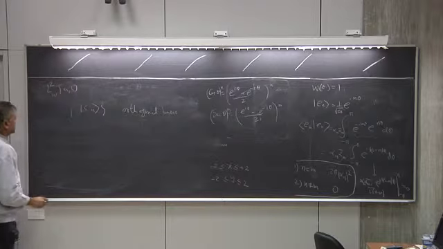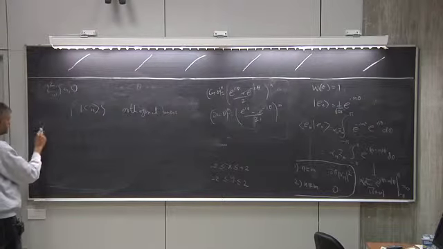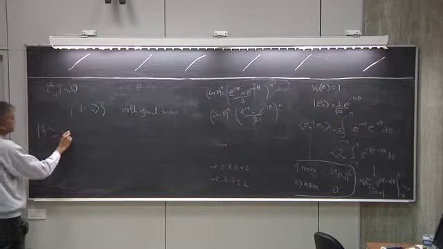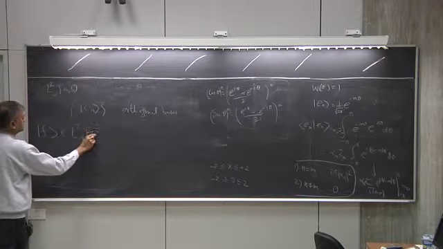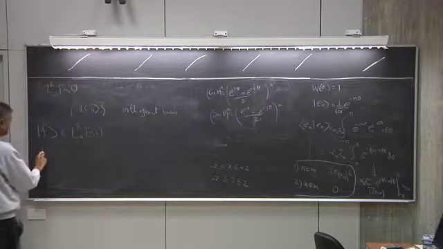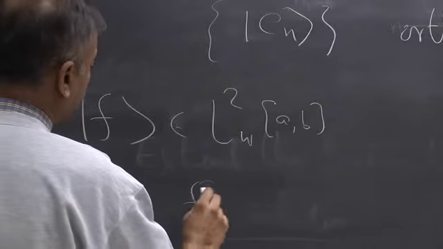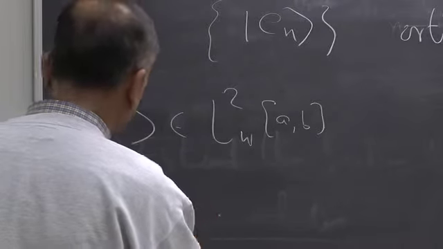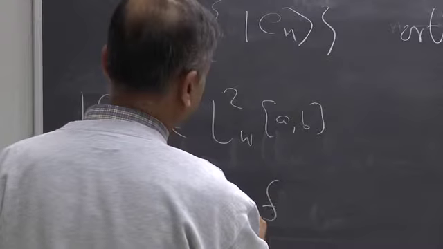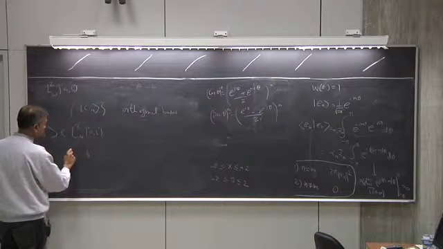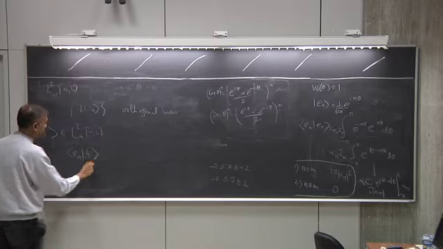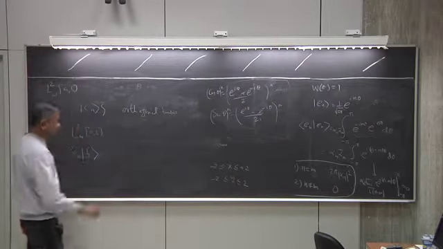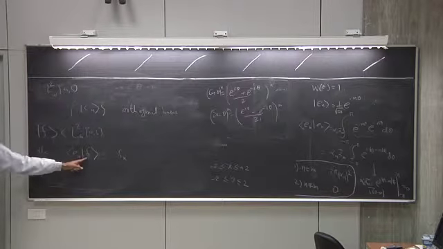Then if you give me any function f, any state, any vector belonging to this space, first compute this quantity, the inner product of f with e_n, and let's call these numbers f_n.